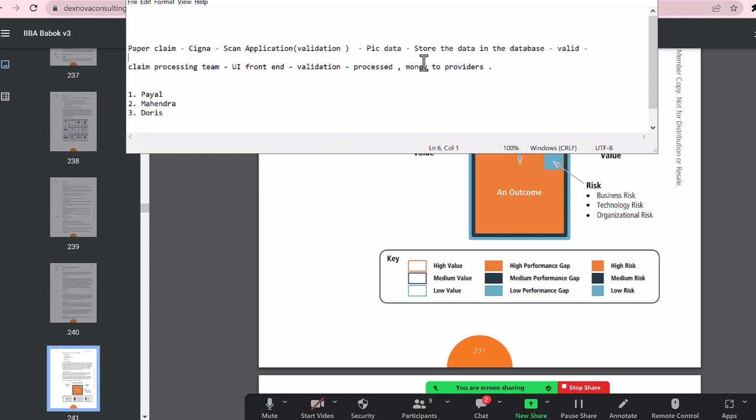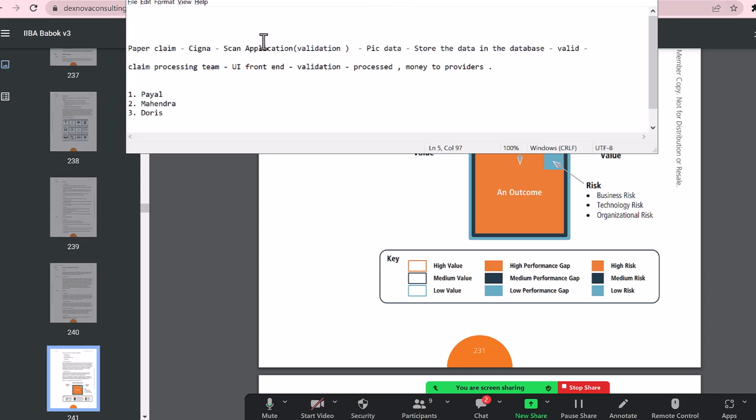That can happen only if these members are already in our database. All the members' data needs to be in our database, otherwise this validation will fail.